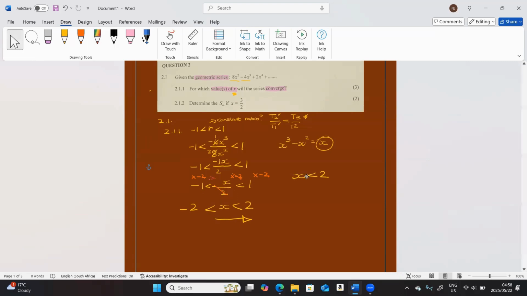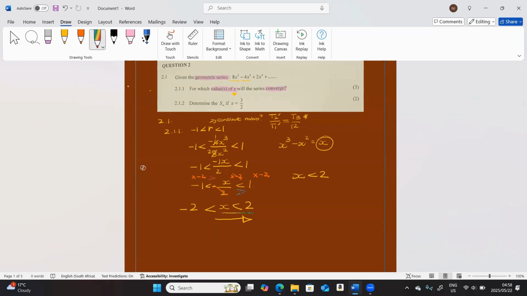And when you write it like this, x should be smaller than 2. Can you see that that is exactly what we have in our answer on this end over here? Then on the other hand, when we go to the right-hand side, this part of the inequality, remember, because we multiplied with a negative, my inequality has to change to the other way around.